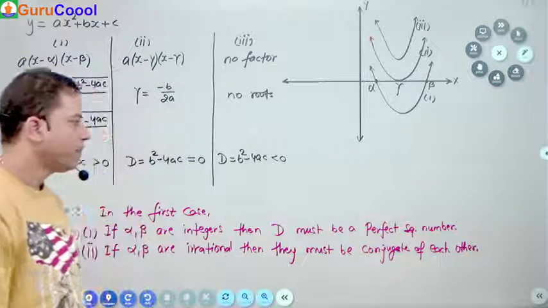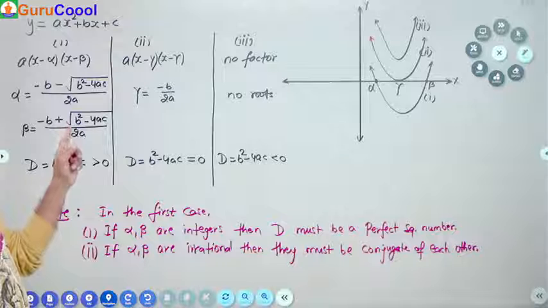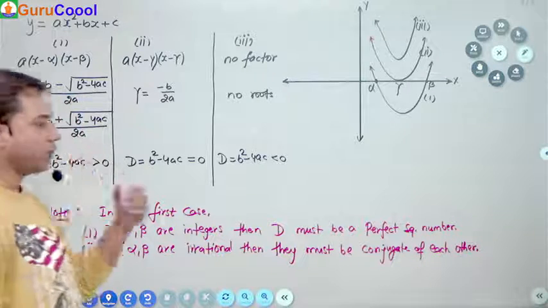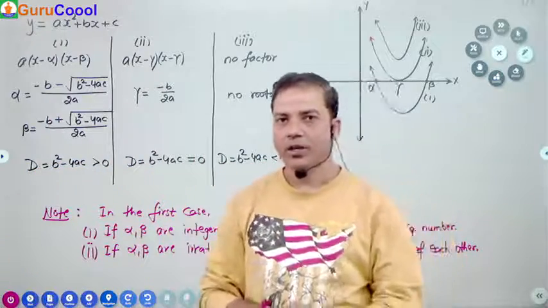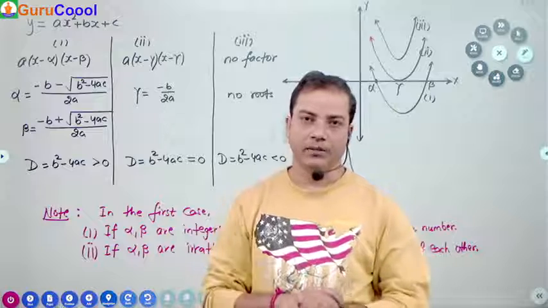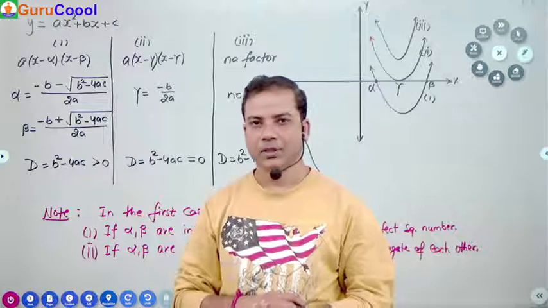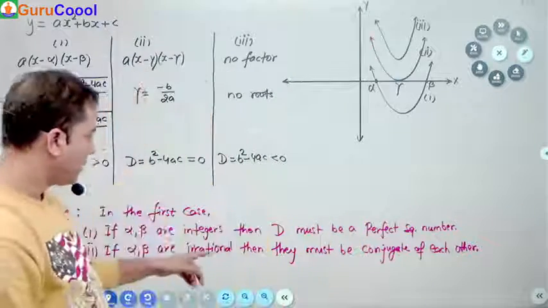For example, if alpha is 2 plus root 3, then the other one must be 2 minus root 3. If the first one is root 3, the other one must be minus root 3. They must be conjugate of each other. This is must. That's a rule. So be careful. There are various questions asked on this property.